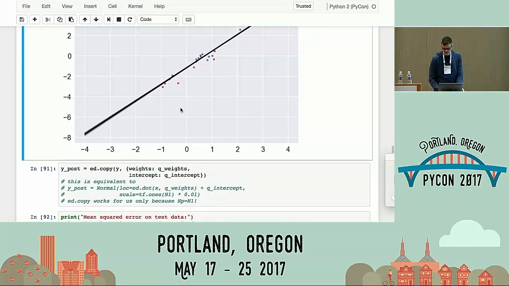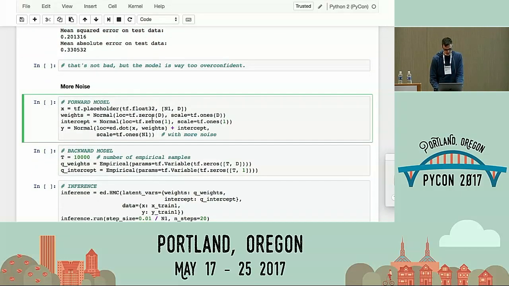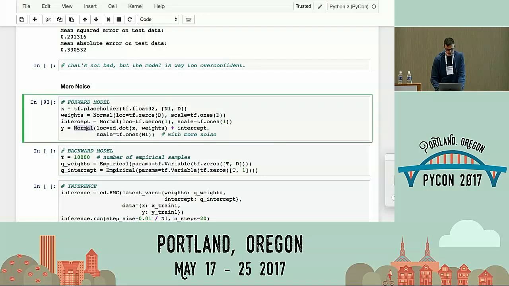So how can we fix this? We just play around. What if we just choose more noise? Remember that in the beginning I had said that here you choose this normal distribution, which defines where the line sits as location, and then there's the scale which determines the jitter around this location. So what if we pick a larger value?